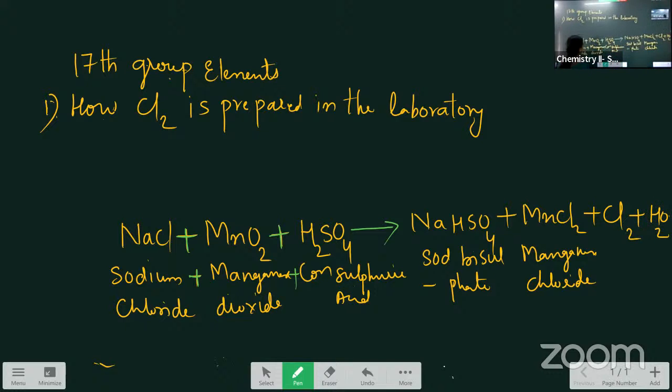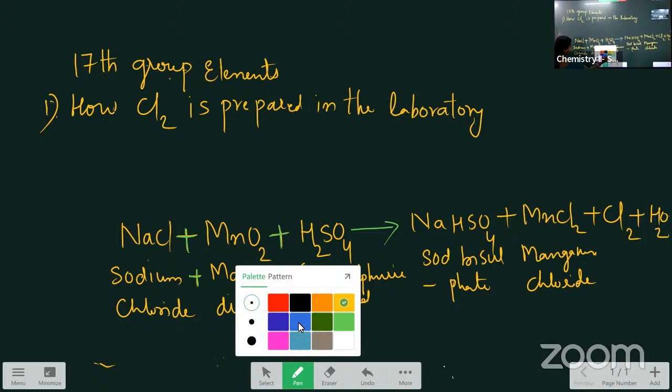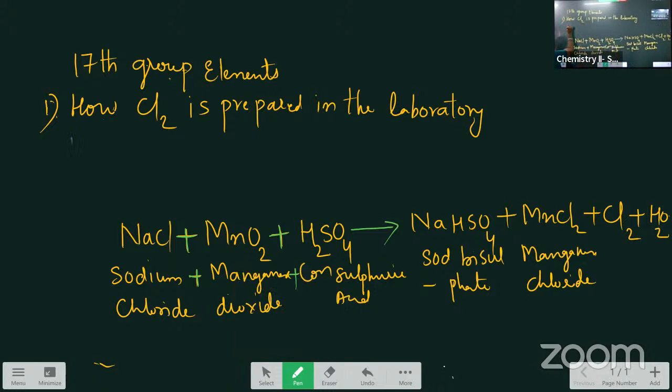Okay. So what is the statement? Statement I am writing here: when a mixture of sodium chloride, manganese dioxide and concentrated sulfuric acid is heated, you will get Cl2. I am just writing sodium chloride as SOD, not the complete spelling.